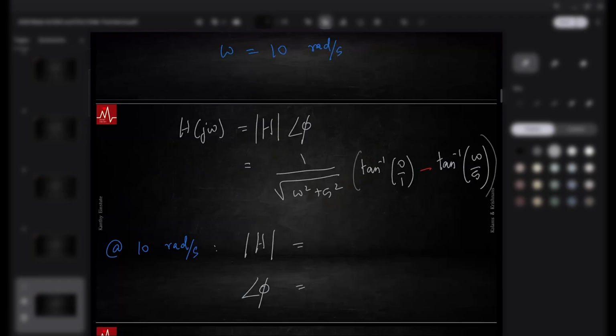This omega is in radians, so you can substitute it directly. This is minus tan inverse of 10 by 5. What are these two values?